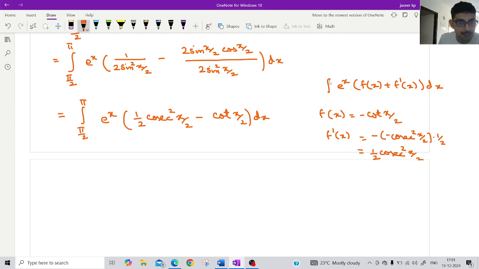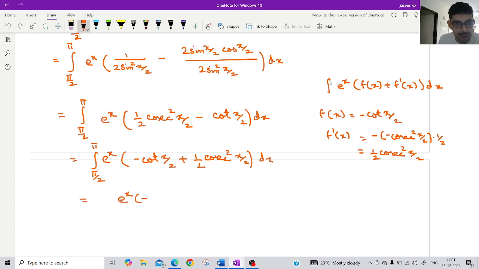So that means it can be taken as pi by 2 to pi e power x into minus cot x by 2, that is f of x, plus f dash of x, 1 by 2 cosecant square x by 2 dx. So the answer will be e power x into minus cot x by 2.